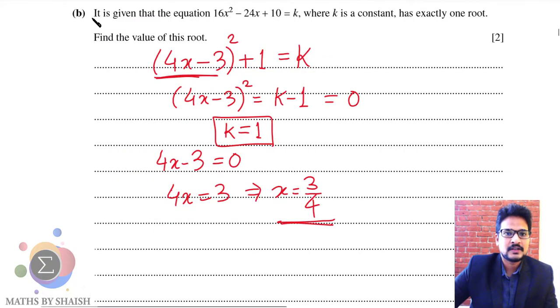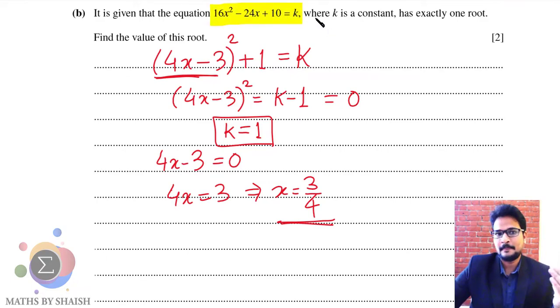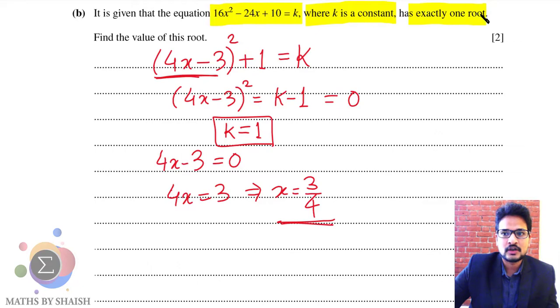So the b part: it is given that the equation 16x squared minus 24x plus 10 equals k, where k is a constant, has exactly one root. Find the value of this root.